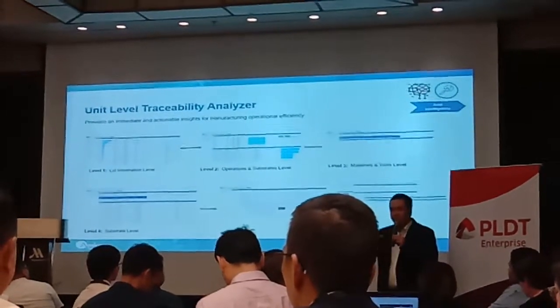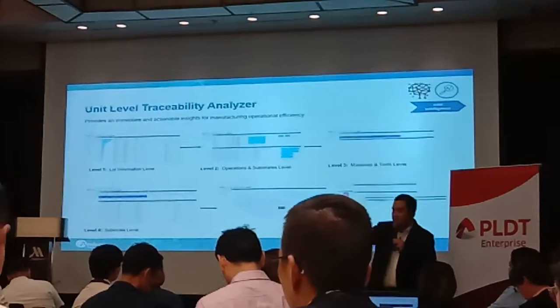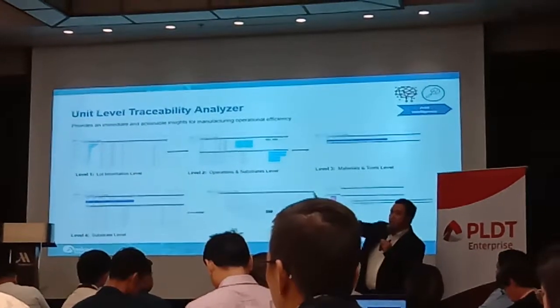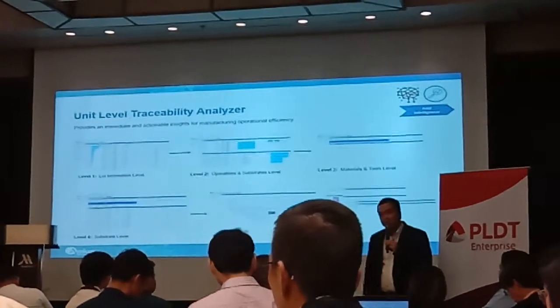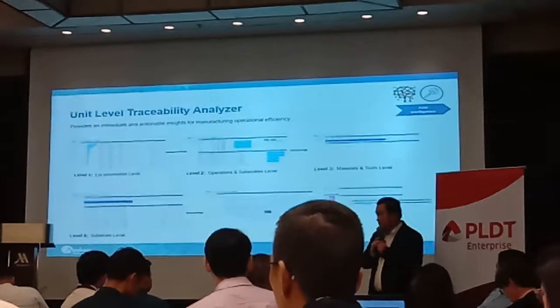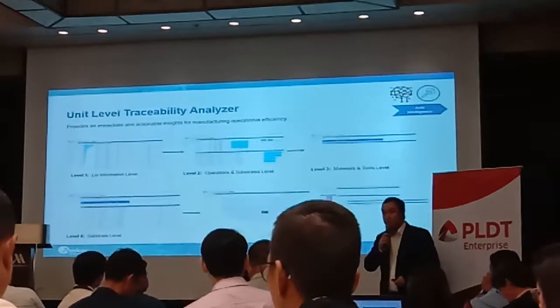For example, if you have quality issues with one specific customer, or this specific material, we just type that material and then show all the things that were processed from the material. So we can properly scope it out. We open this up to our customers. This is a new one that we deployed this year.